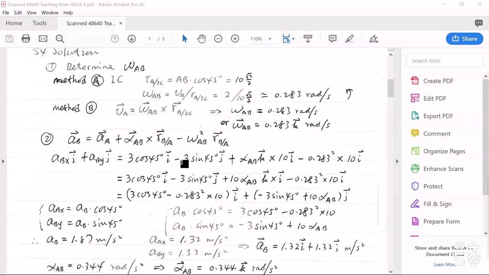On the right side, for aA, we express it using aAx and aAy. These two can be easily worked out. And here, alpha AB, we don't know. As mentioned before, we just simply assume they are positive. So this is alpha AB vector k.